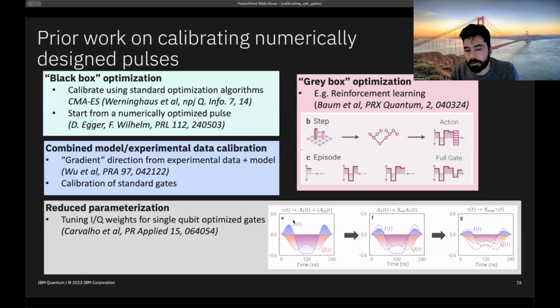But once they've done that, when they're doing their calibration, all they do is tune the overall amplitude and the relative amplitude between the real and complex parts of their pulse. So however they did the optimization initially, when they do the calibration, there are two parameters to calibrate. So that's cool and kind of the vibe that we're interested in.